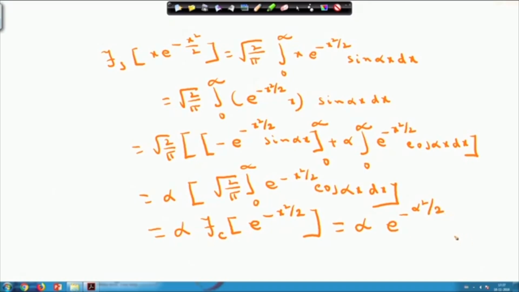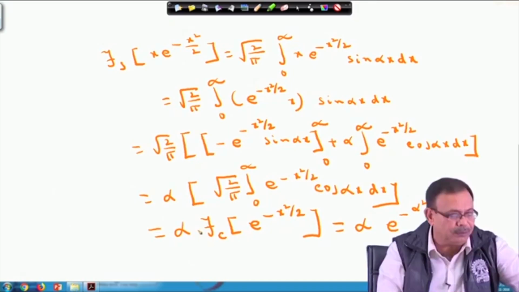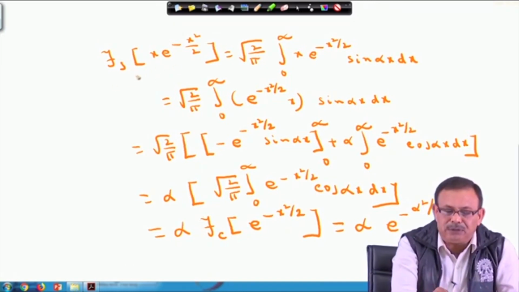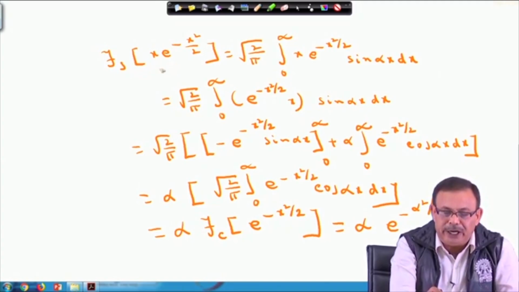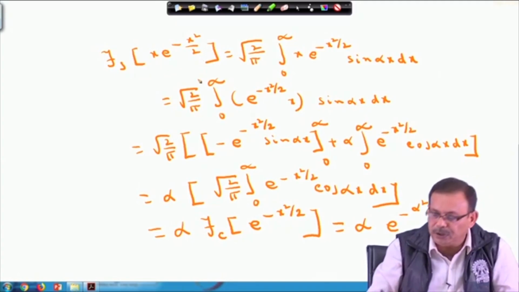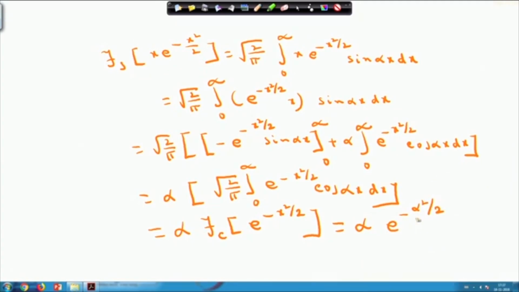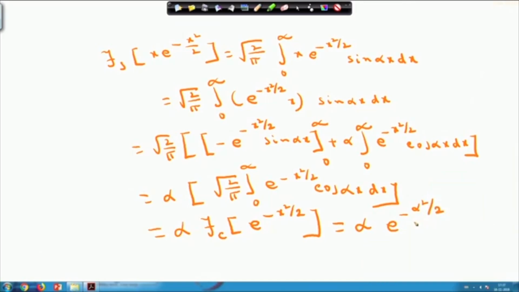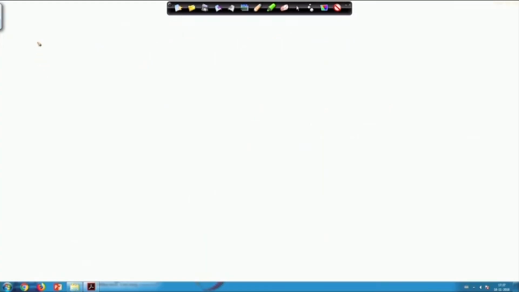Therefore, you see the Fourier sine transform of the function f s equals x e power minus x square by 2, we are getting alpha e power minus alpha square by 2, which is the function itself. Therefore, this function is self reciprocal with respect to the Fourier sine transform. Please note this thing.